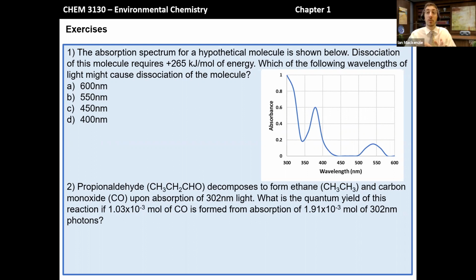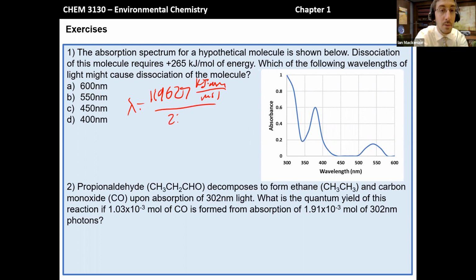The first thing we have to do is figure out the maximum wavelength of light that has sufficient energy, regardless of whether the molecule absorbs that wavelength. So we'll just do what we've done in the past. Lambda is equal to 119,627 kilojoules nanometers per mole divided by 265 kilojoules per mole.